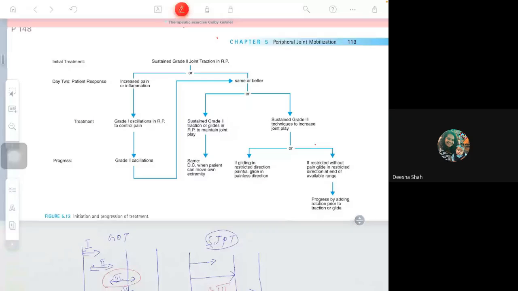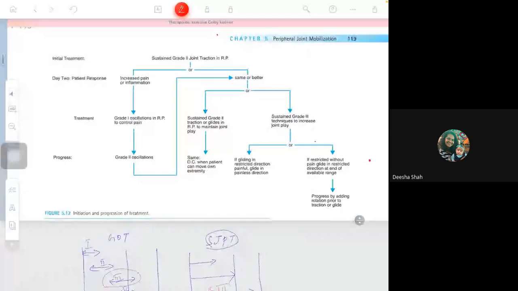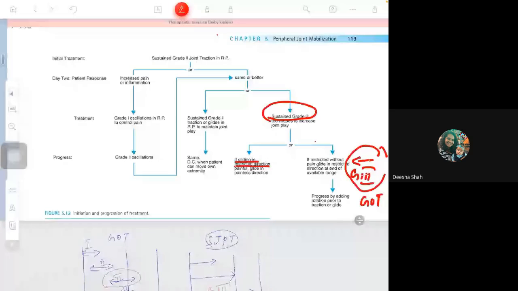Graded oscillatory technique is here. It will be here, grade 3. Here, gliding. You are giving grade 3 GOT. So what have you done first? You have done grade 3 SJPT first. Sustained grade 3 you gave first, and later you gave grade 3 oscillation. Are you clear what I am saying?